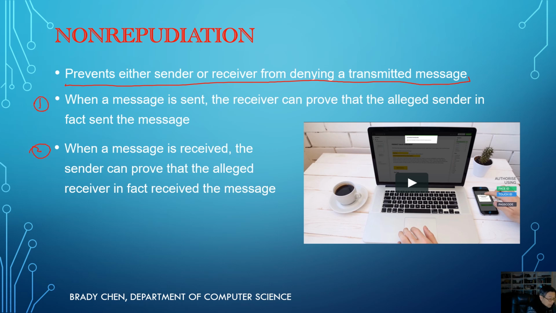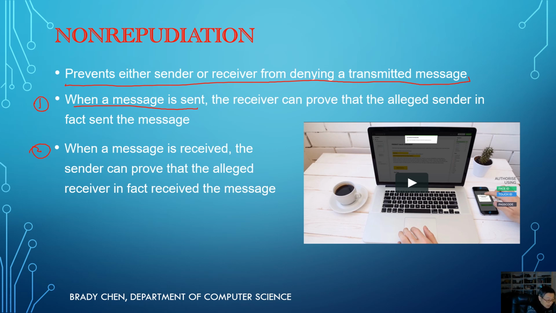First, when a message is sent, the receiver can prove that the alleged sender in fact sent the message. So when someone sends you a message, then regrets it and tries to deny it, saying I did not send the message, you can prove that he did actually send the message.